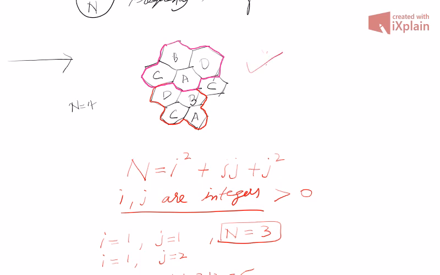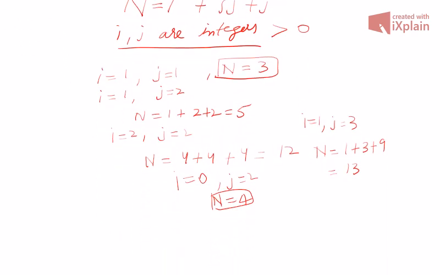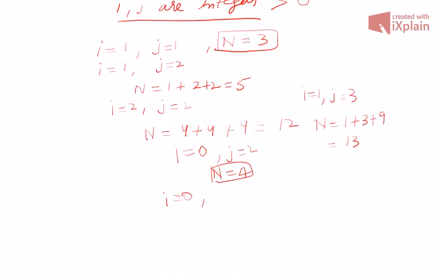But I haven't drawn it properly. Maybe we will have to check it because they should be of the same shape. Now i equal to 0, j equal to 3 will give us n equal to 0 plus 0 plus 9.